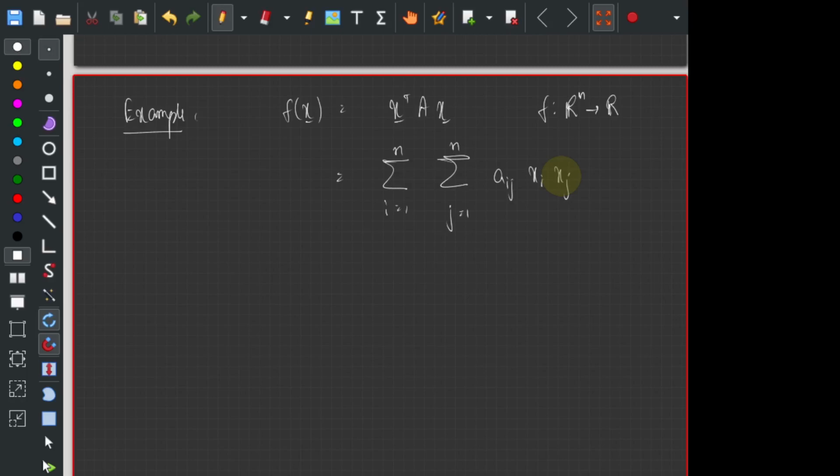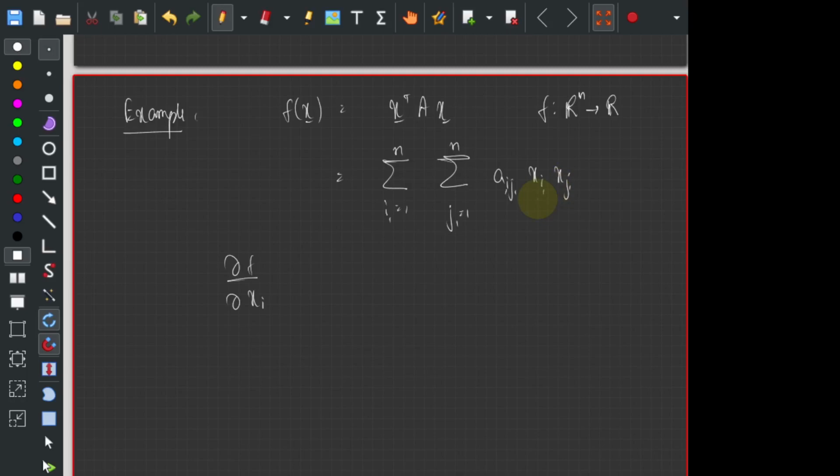Does everyone agree with this? Okay, great. So what is the partial derivative of f with respect to xi equal to? Maybe let me just change the indices because it's very easy to get confused: i1, j1.